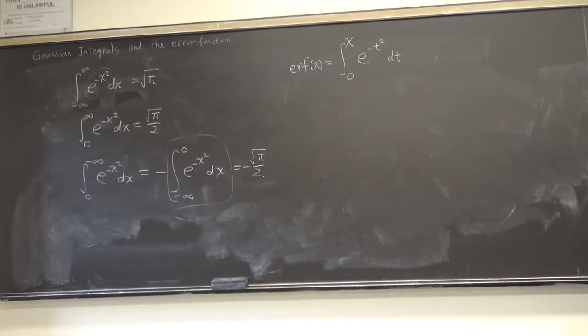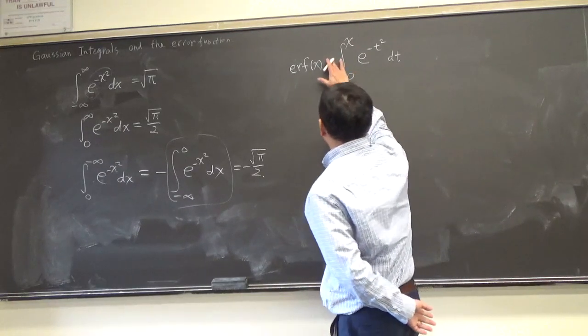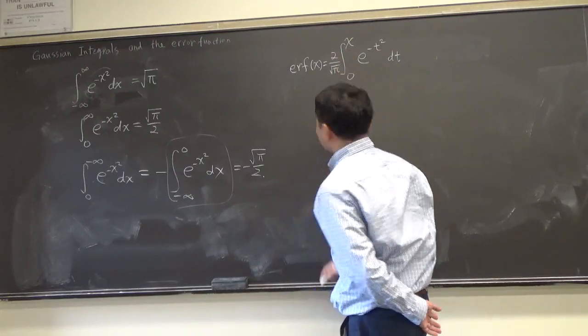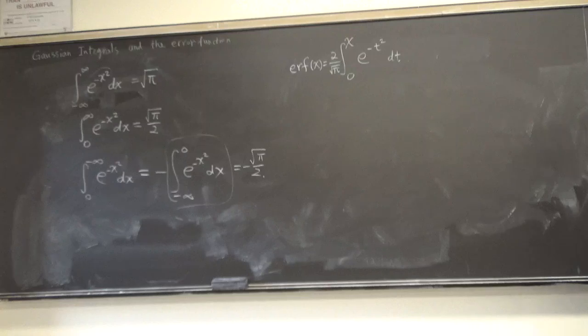Oh, no, I forgot: times 2 over square root of pi. All right.